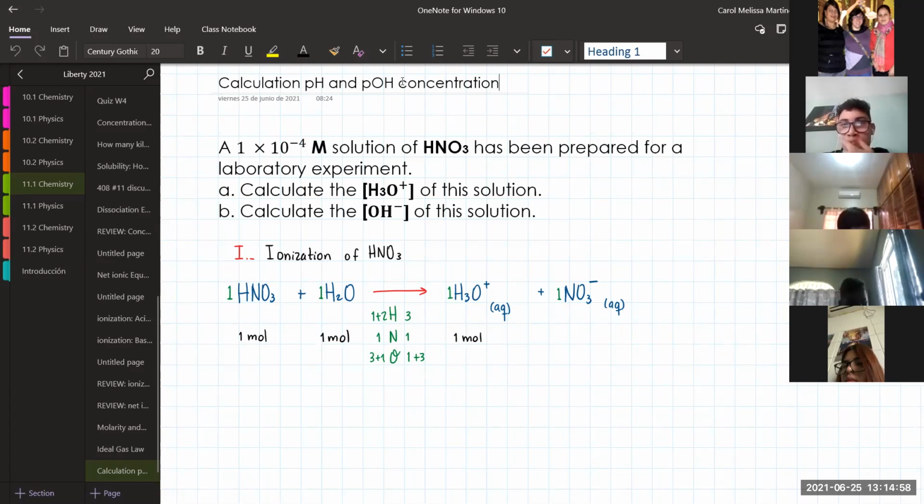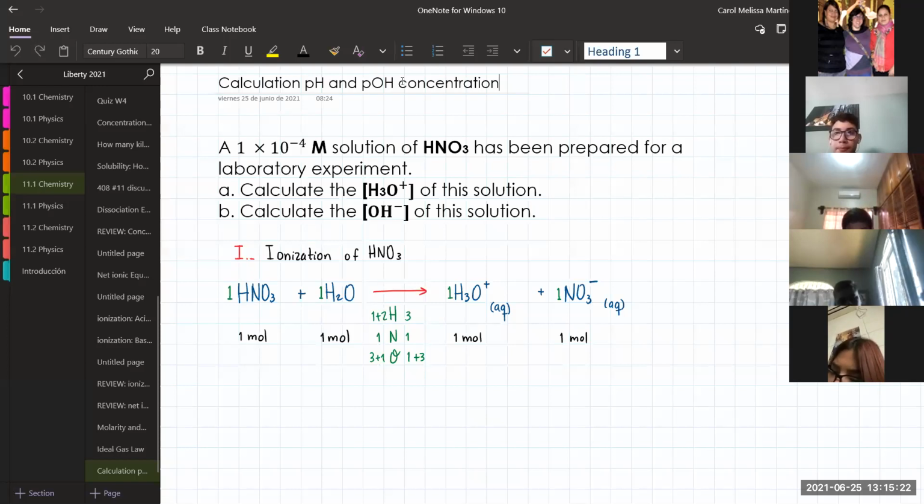And for nitrate ion, I also have 1 mole of nitrate ion. That is the first step. I repeat, you ionize the acid, you check that it's balanced, and then write the molar ratios. You write the number of moles of each compound that is in the reaction. That is part of the first step.